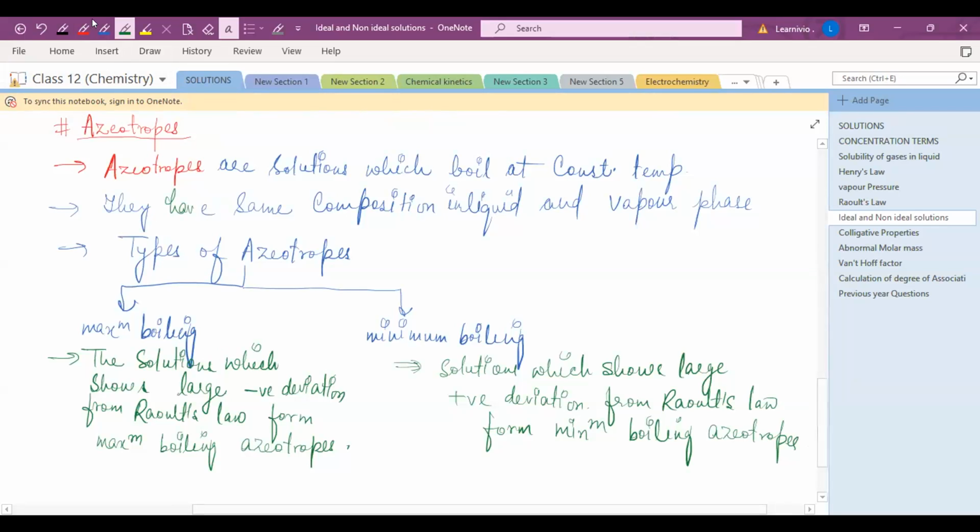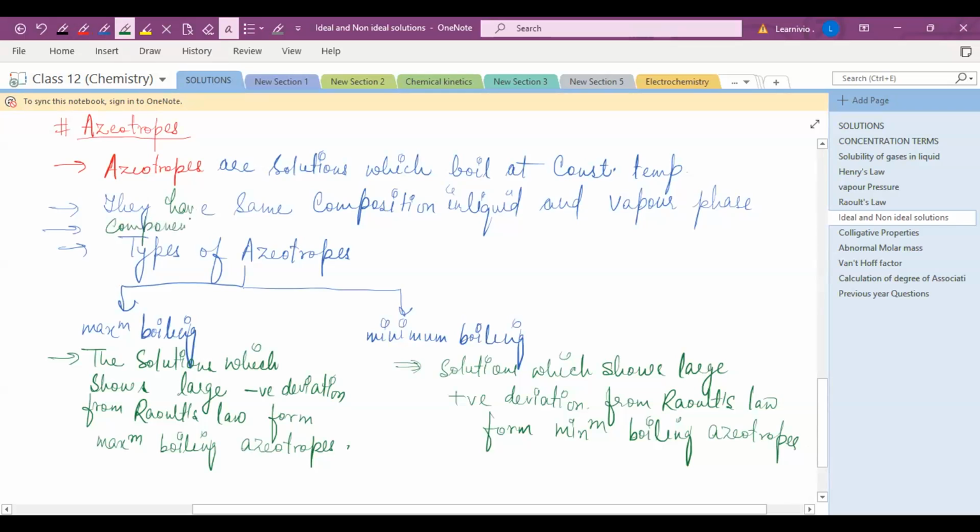And yeah, just write one more point, because you can see over here the azeotropes are solutions which boil at constant temperature, right? Means the solutions के जो temperature constant होते हैं. So the components of azeotropic mixtures cannot be separated by fractional distillation. Just write it down.